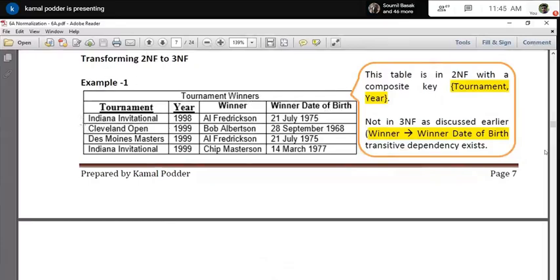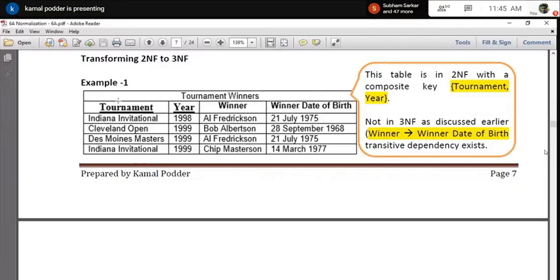If it is so, what does it mean? All the non-prime attributes depend upon the prime attribute. So it achieved the second normal form, but how is it achieving it? Because one of the non-prime attributes transitively depends upon the prime attribute.